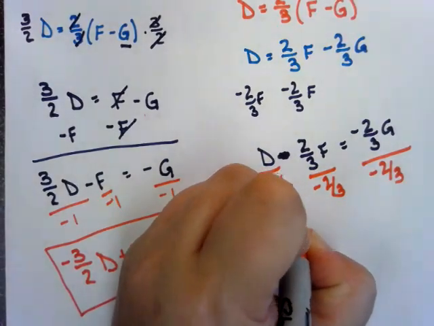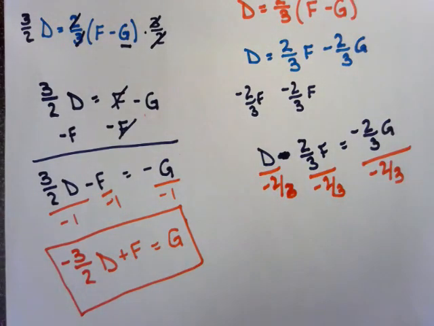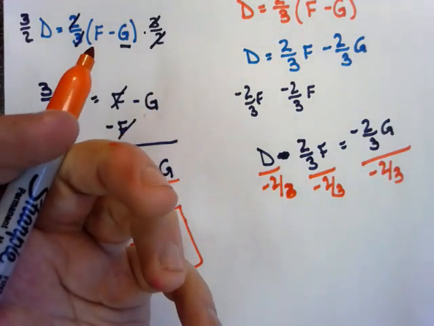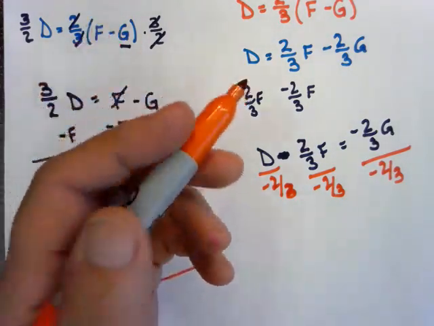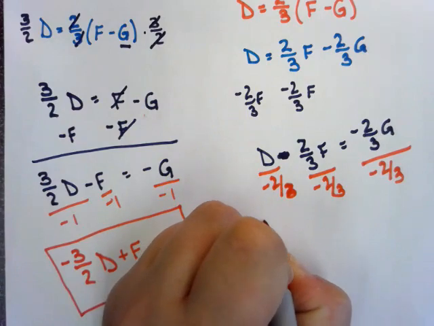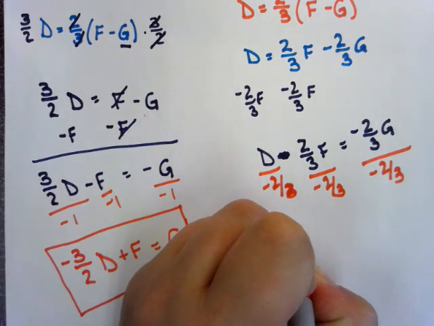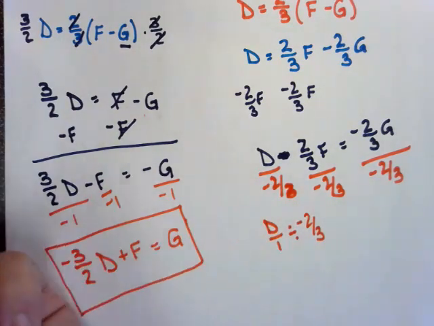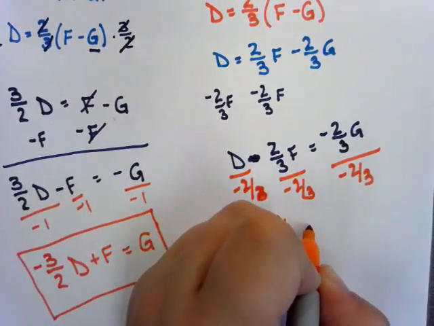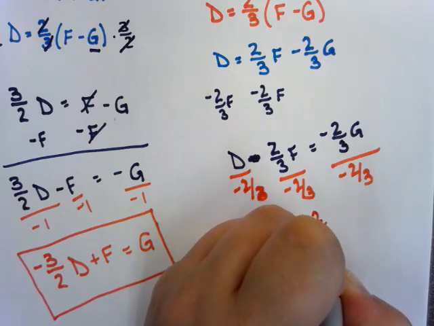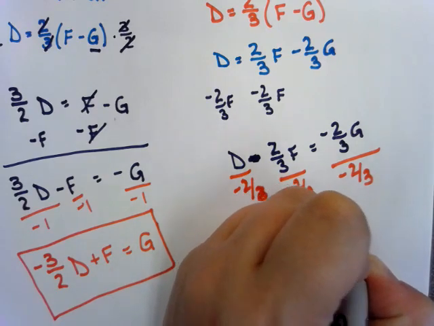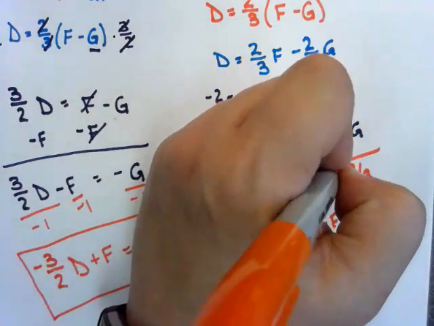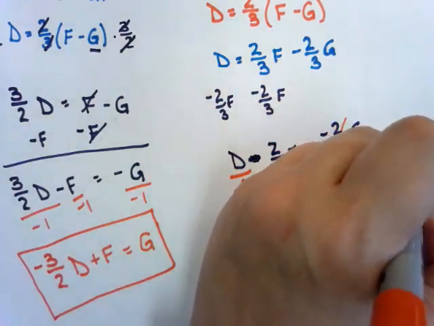Okay, so if I have something divided by a fraction, it's dealing with complex fractions, which we kind of have done or haven't done. So this is the same thing as d/1 divided by negative 2/3. And this is the same thing as negative 2/3 f divided by negative 2/3. These cancel out, and that's going to equal g.